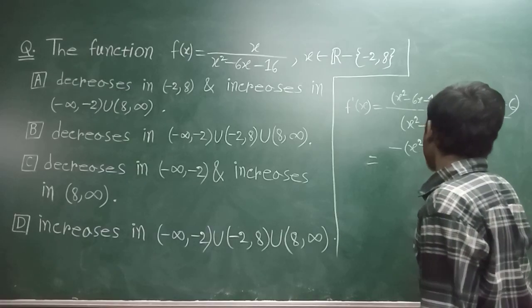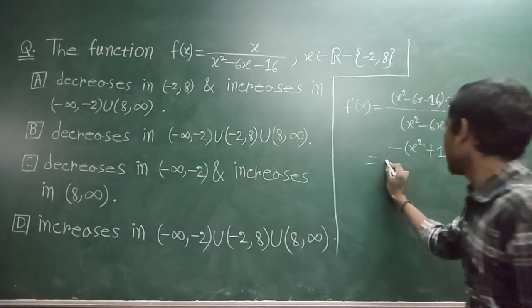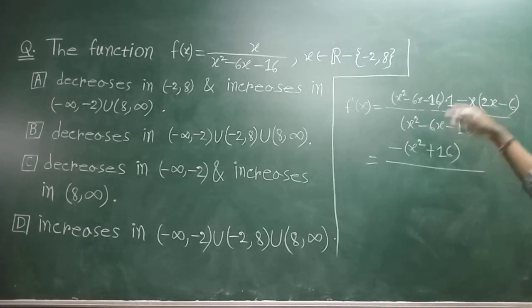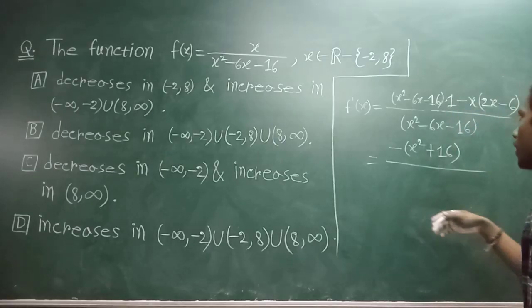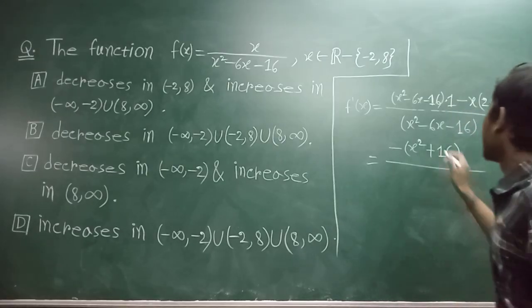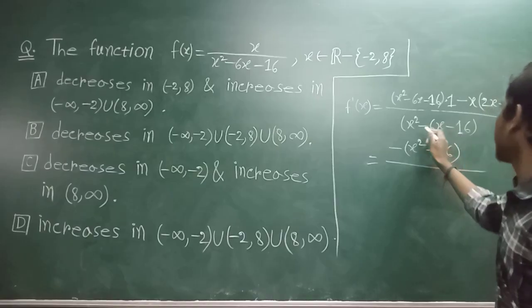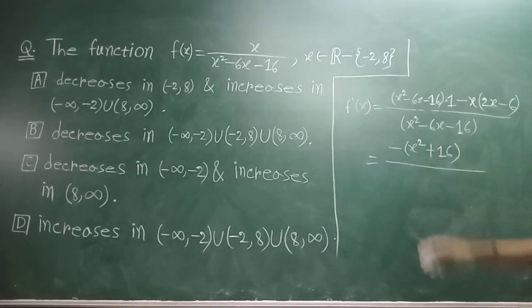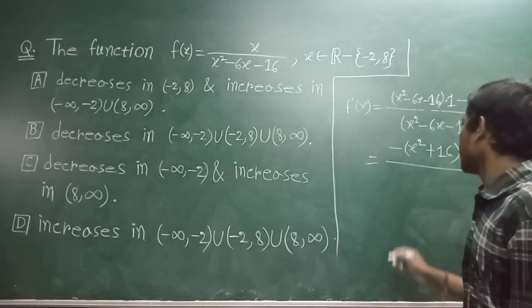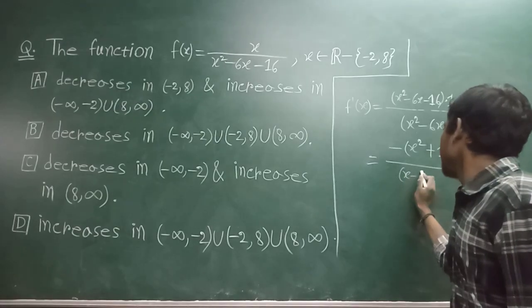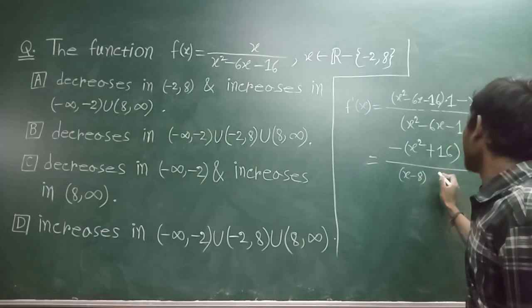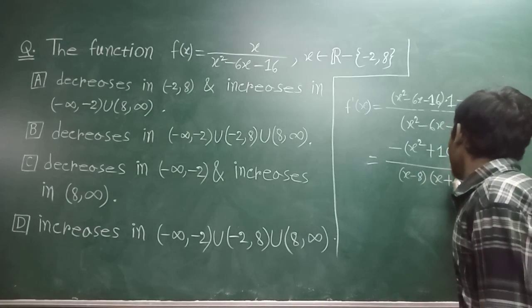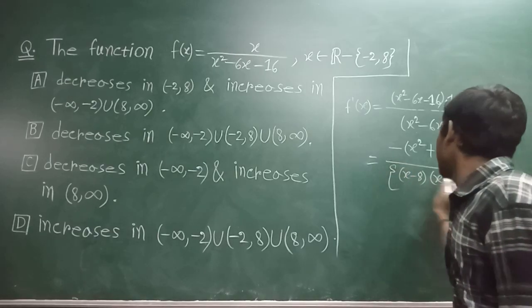This is the numerator. And the denominator, if we factorize this by the middle term factorization method or any other suitable method, we will get x square minus 8x plus 2x, then take common: x minus 8 into x plus 2, whole square.